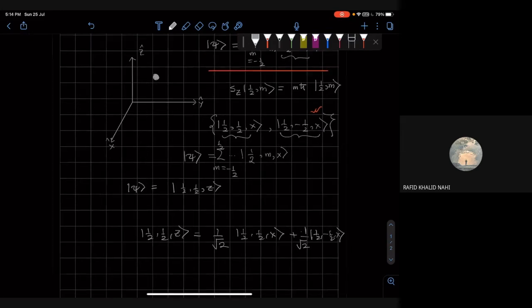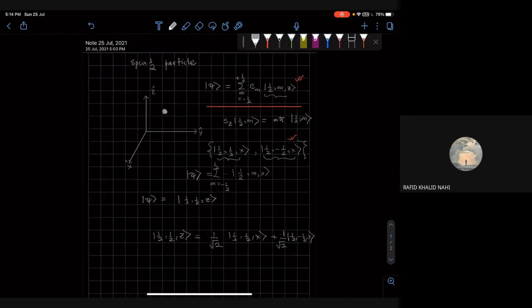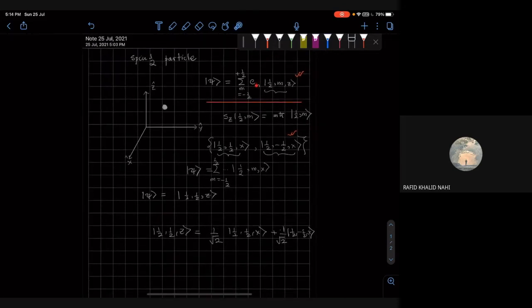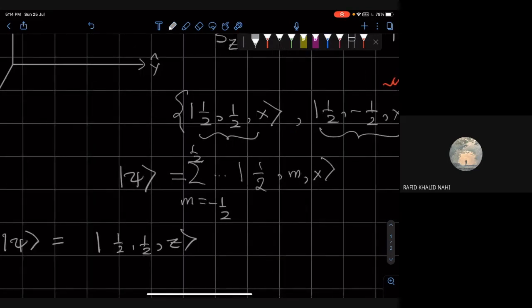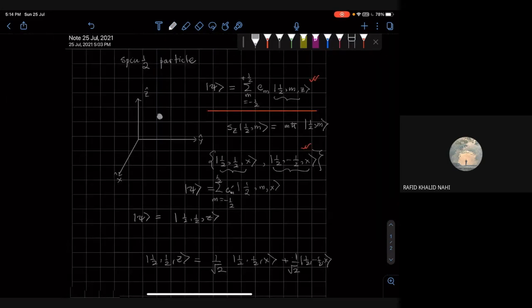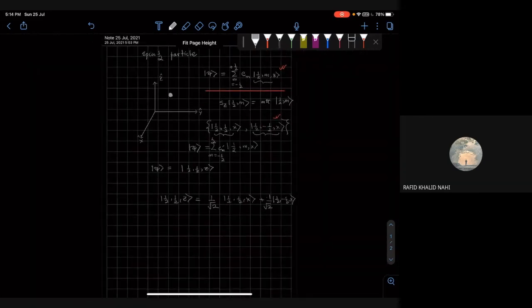So in this case, are these coefficients the same as these coefficients? Let me write this as Cm prime. So are C primes equal to Cm primes in this particular case?